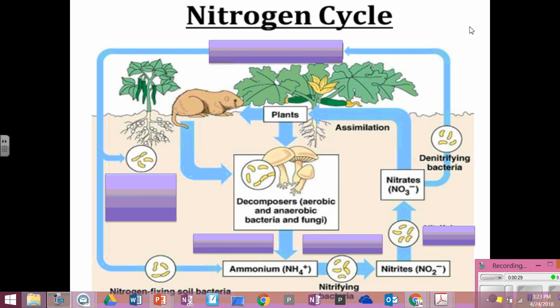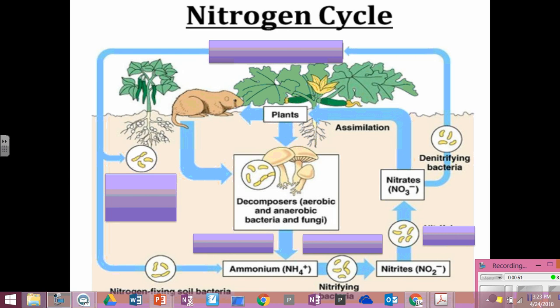In the atmosphere, there is a lot of nitrogen. 78% of the air that we breathe is nitrogen. But this is an inert form of nitrogen. It's not usable by plants or animals. I want you to think just a minute, why do plants and animals need nitrogen?